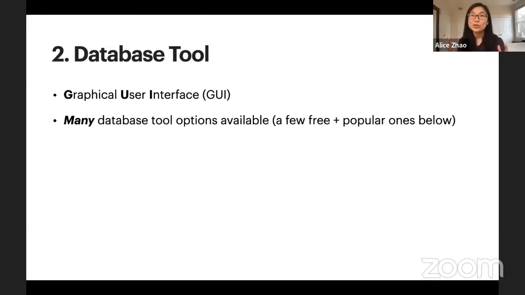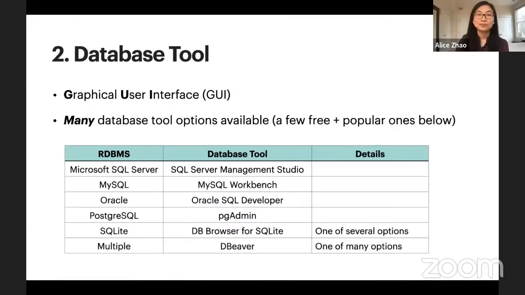So again, you can think of a database tool as just like a nice user experience to work with a database. So there are many database tool options out there. For those top 4 RDBMSs, you can see I've listed a common or a popular database tool that's used with those. And then with SQLite, DB Browser for SQLite is one of several options.